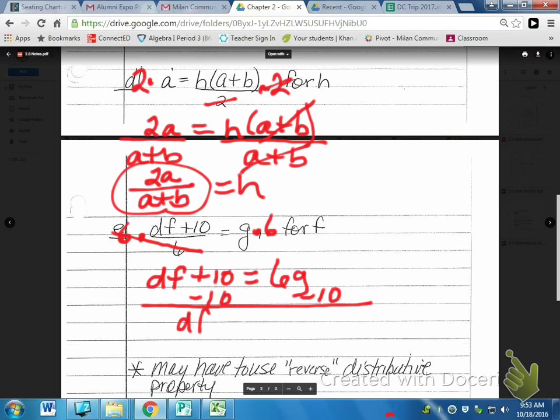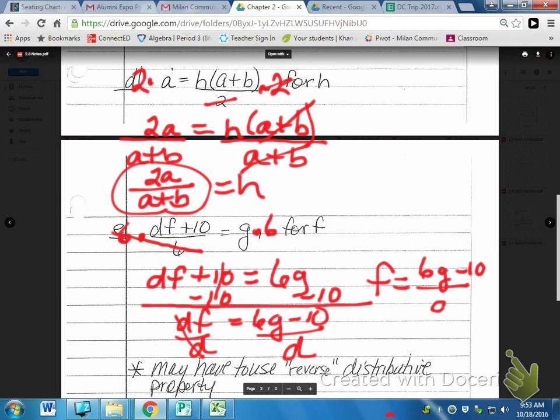DF equals 6G minus 10. Okay. And then you divide by D. So F equals 6G minus 10 over D. There you go. Very good.